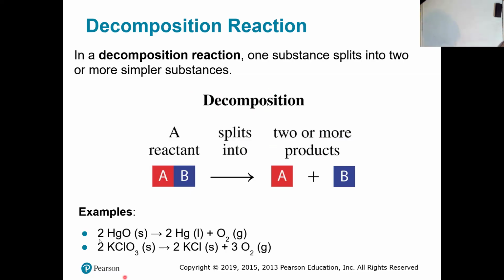So if we look at our examples here, we start out with 2HgO, and it's going to split up into Hg and O separately. If we start out with 2KClO3, it's going to decompose or split up into KCl and oxygen separately. All right. So that's our decomposition. Combination reactions combine things. Decomposition reactions split things apart.